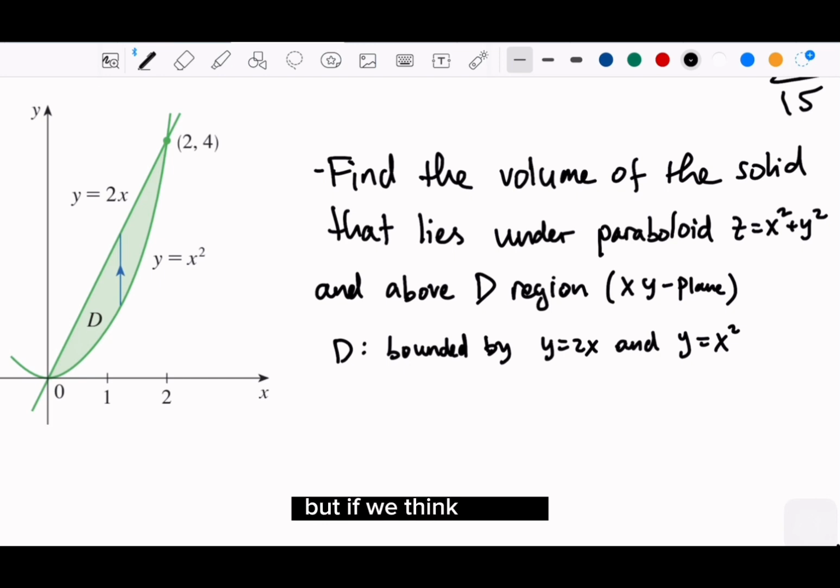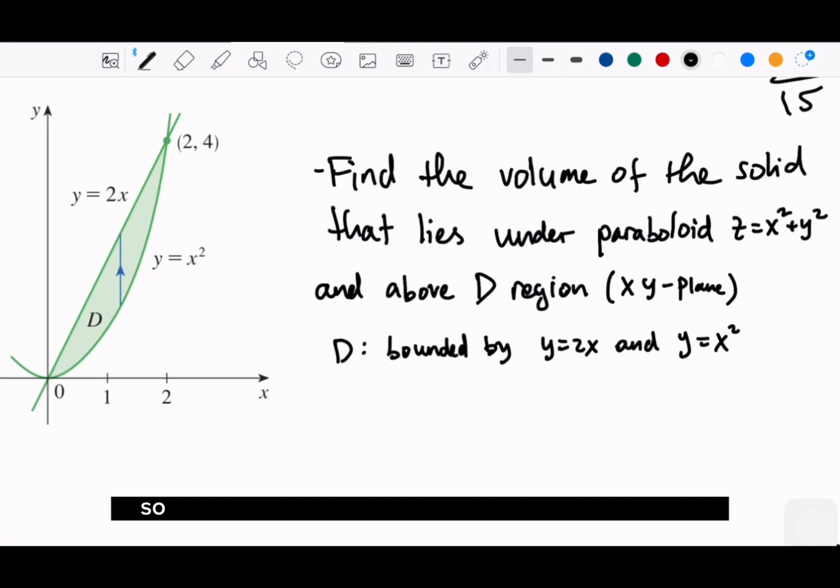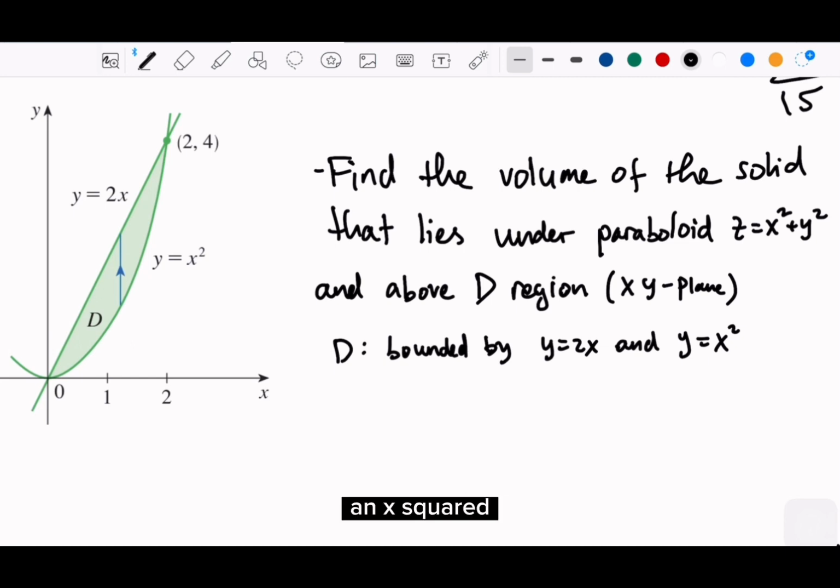But if we think clearly, we can see this as top and bottom if we move along x. But we can also move from the y part. If we move from here, they can be done too, right? So we could also use a function of y.